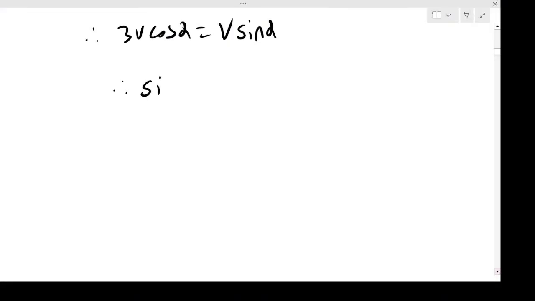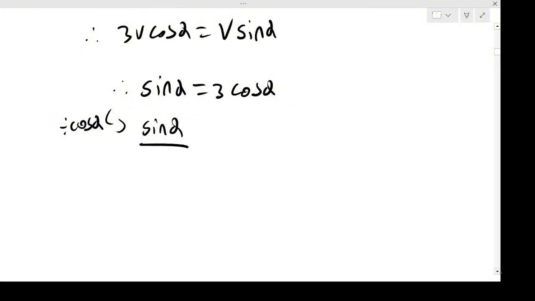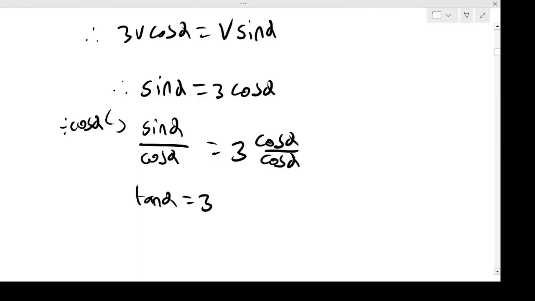So then sine alpha is going to be 3 cos alpha. What can I do now? Remember, the question wants tan alpha. I can divide by cos alpha on both sides. If I do that, I get sine alpha over cos alpha is 3 cos alpha over cos alpha, and then I can reduce it to tan alpha is just 3. And there we are. I've got the equation they wanted.